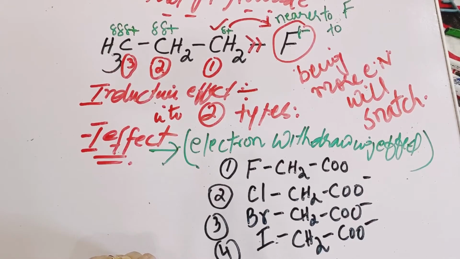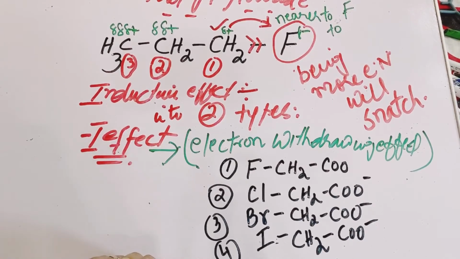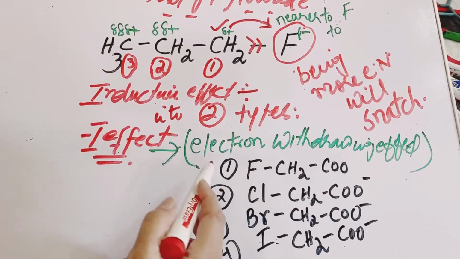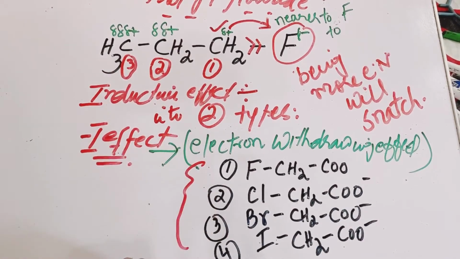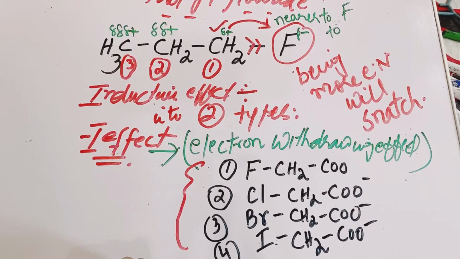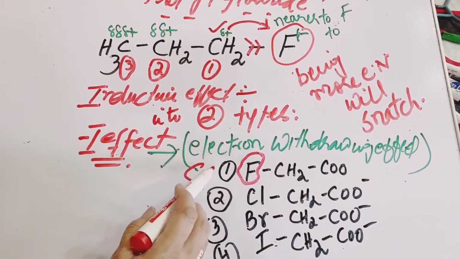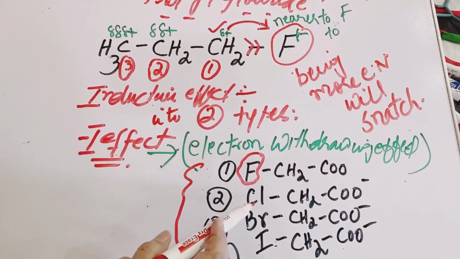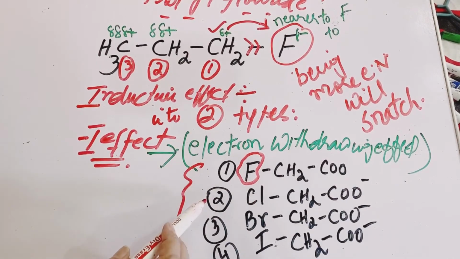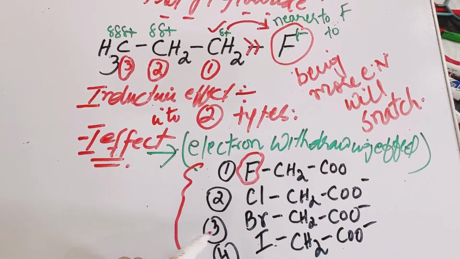Now keep in your mind that these are all electron withdrawing groups, right? But according to this, fluorine, being the most electronegative, will be assigned number 1. Chlorine is next, so it would be assigned number 2. The third one in electronegativity is bromine, so it will be assigned number 3, and iodine, the least, will have the 4th number.